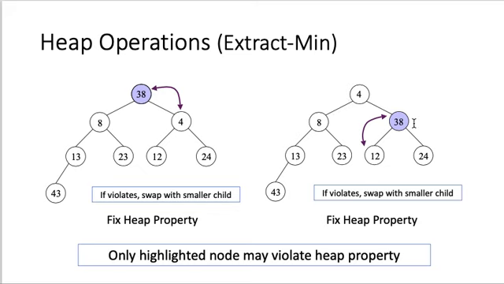It means that the only problematic case is the highlighted node with the new children that it has. So we maintain this invariant, this property that only the highlighted node may violate the heap property. This allows us to just focus on the highlighted node and move it around. So this is how extract min is done.